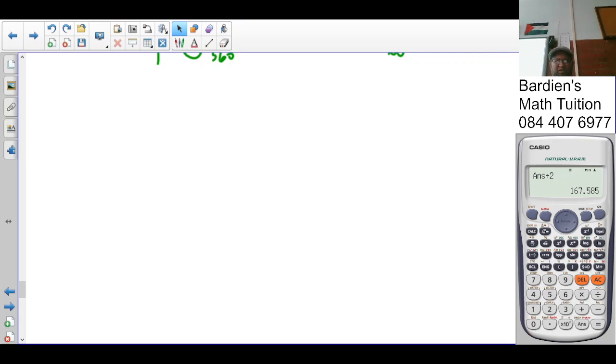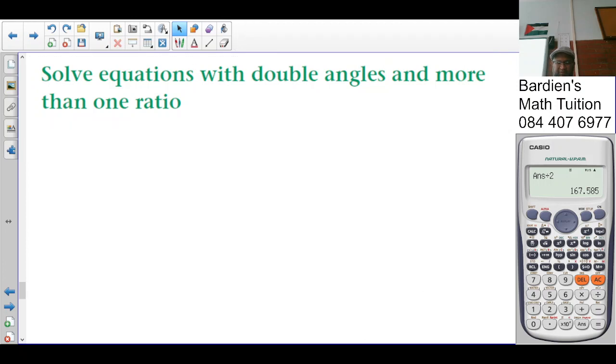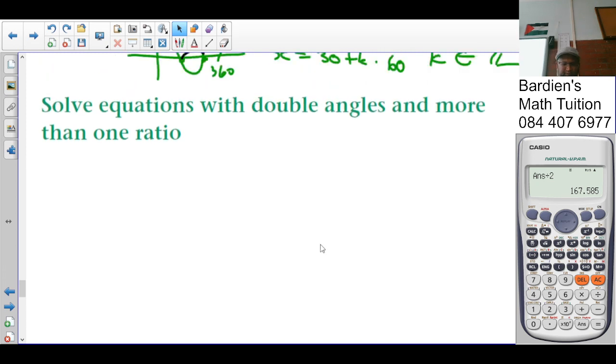So now we're looking at solving equations with double angles and more than one ratio. On page 105. Page 105.